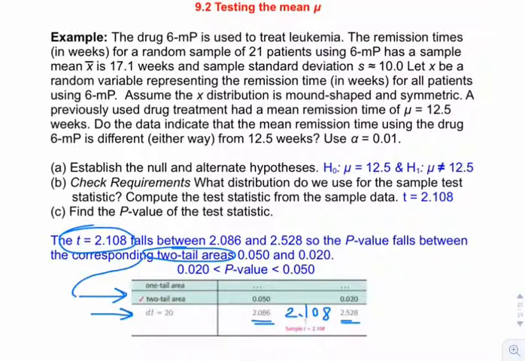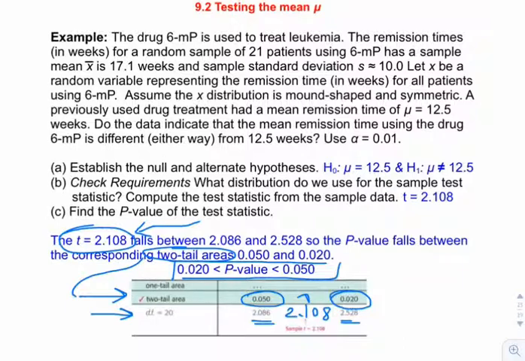Our probability, we would have to look up and see what it is. So here are t values in the white. We look up to the two-tail area, and I see these two values. So my probability is between those two values, this inequality. So find the p-value of the test statistic is this step. Our test statistic is our t. How do we look up this t? We look up the row df is 20, 21 minus 1.